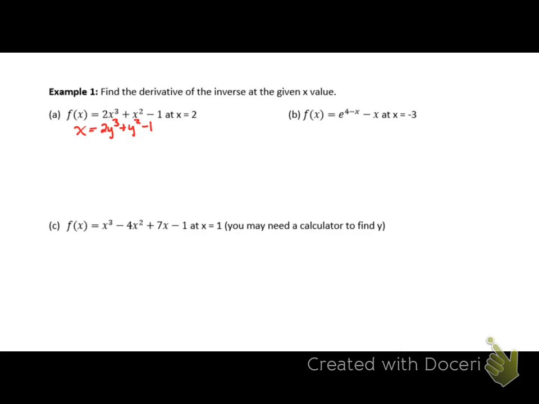So 1 is going to equal 6y squared dy dx plus 2y dy dx. Now there's a dy dx on both of the right terms, so I'm going to take it out. We get 6y squared plus 2y. And now we solve for dy dx by dividing.